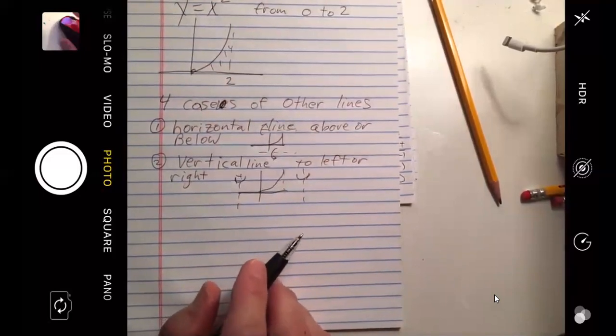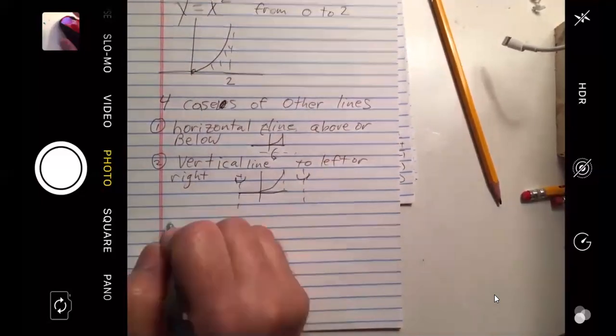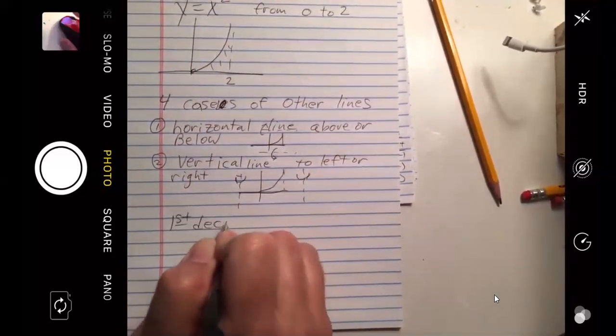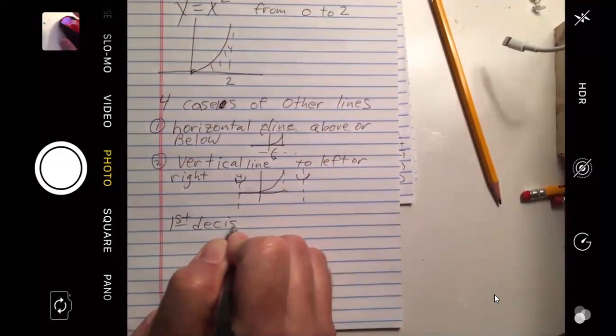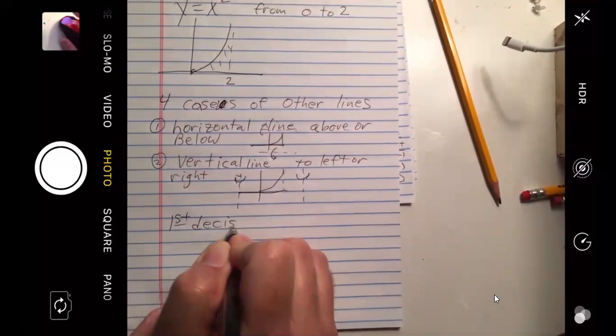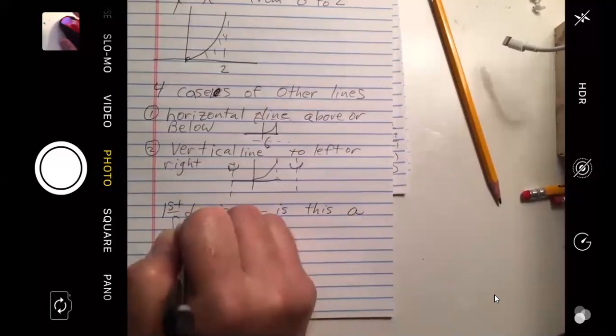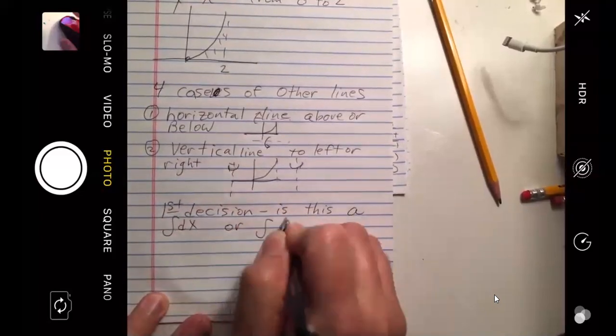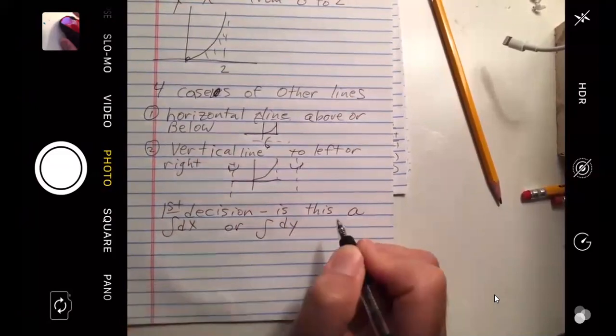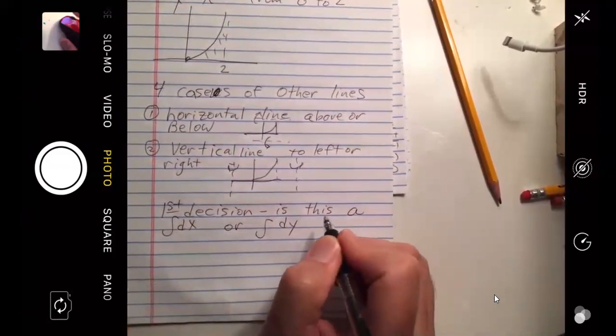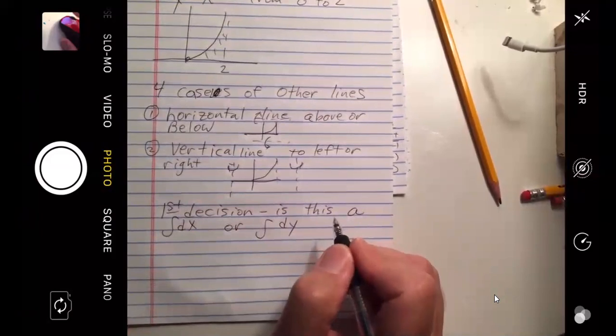Okay, your first decision. When they give you another line, is this. Please don't freeze. An integral dx or an integral dy. Okay, here's how you decide.